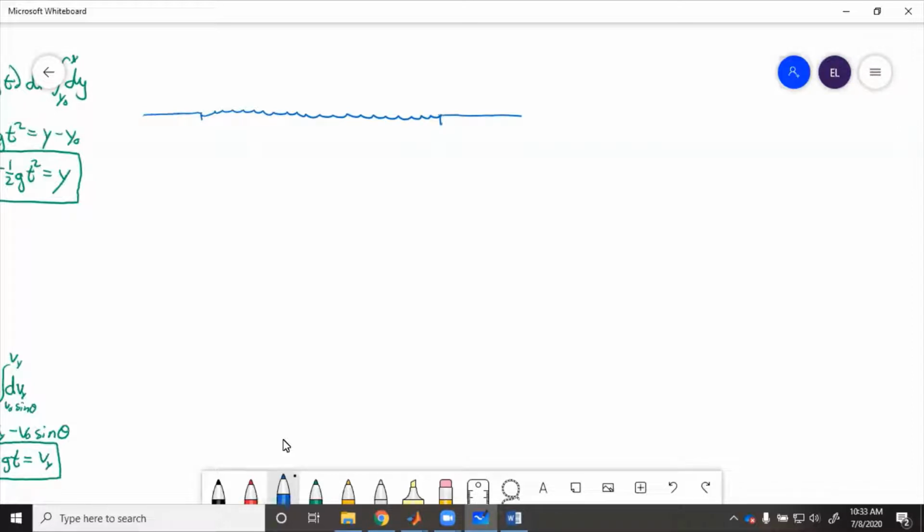so there's going to be some kids on this side of the pool. And they have a catapult launcher. Then there's going to be some kids on this side of the pool. Now the pool is 25 meters across.